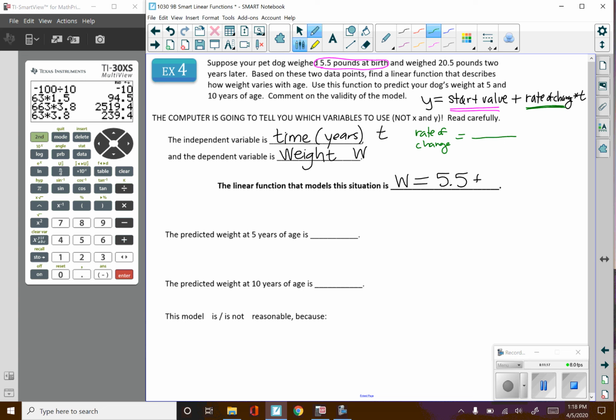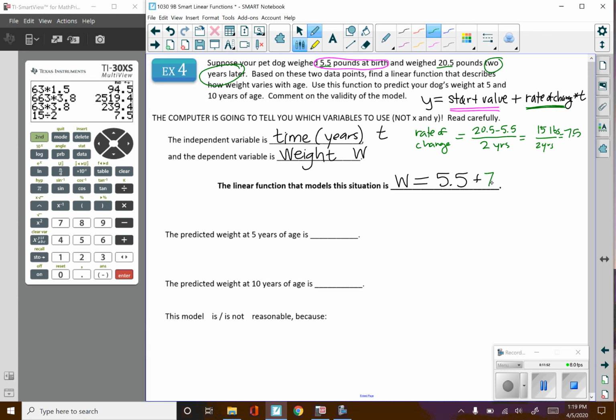So it looks like the dog started at 5.5 and then went up to 20.5. So that increase in weight, the change in the weight of the dog was 15 pounds. And that was over the course of 2 years later. So that gives me a rate of change of 15 divided by 2, which is 7.5.